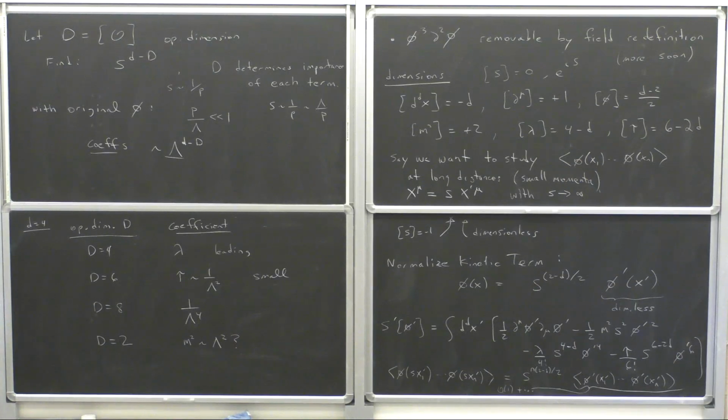And the reason it's a problem is because if that was true, then we might as well just go home. Okay, well, it's the first lecture, so maybe not quite yet. But this is a problem because if the mass squared was of order lambda squared, then I shouldn't have written down phi to begin with.